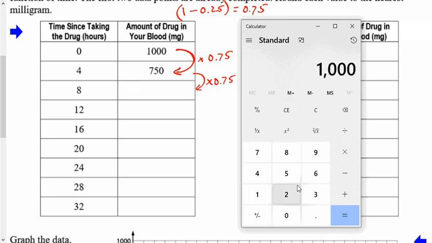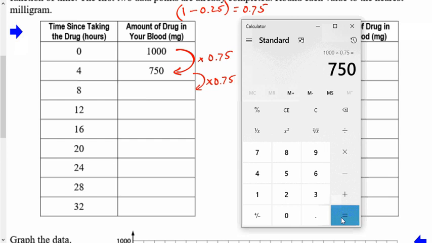Right away, I could do times 0.75, but I don't want to. What I want to do is just hit equals or enter, because that has the 1,000 stored as my previous value. Now when I do times 0.75, my calculator will automatically multiply this to my previous answer. So when I hit enter or equals, I get that 750.